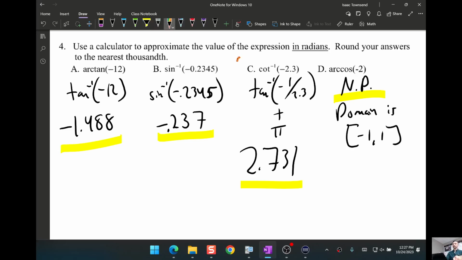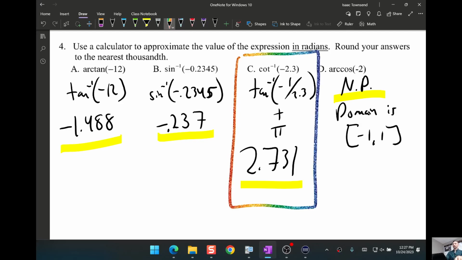Again, this is the trickiest one. If it wasn't for this type of question and why you have to add pi, the other three, honestly, we probably wouldn't even take any class time to talk about. If we get an answer for sine or cosine, it all has to be less than 1.